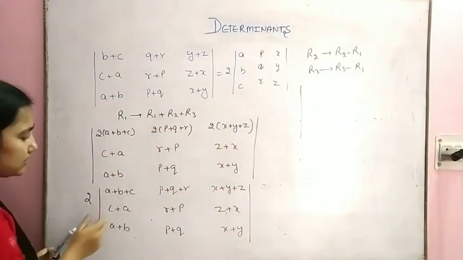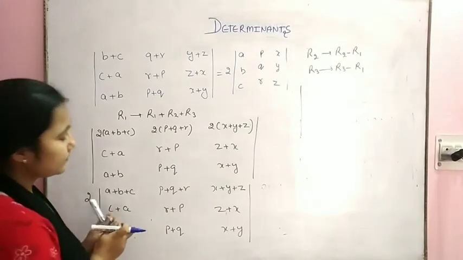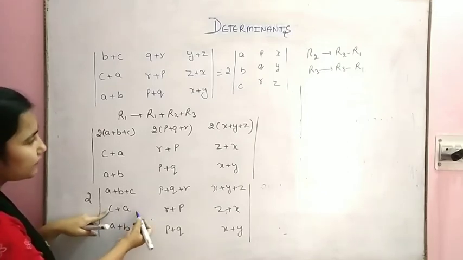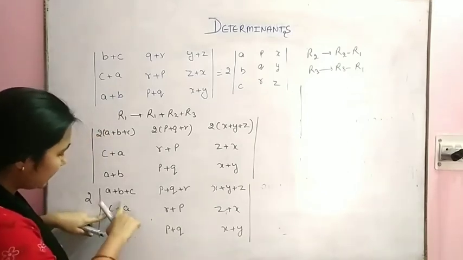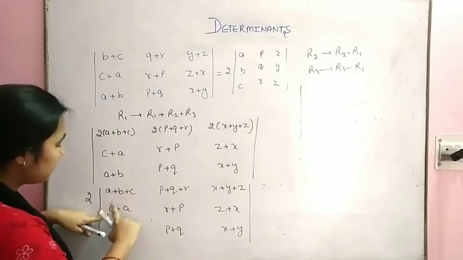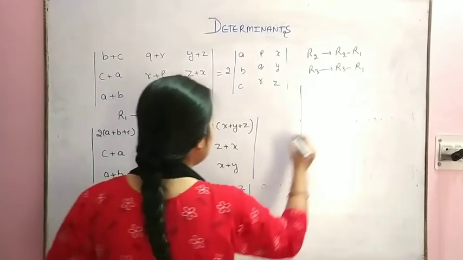A plus B plus C is R1 and C plus A is R2. If R2 is subtracted from R1, what we get? C plus A minus B and minus C. So C and C will be cancelled out, A will be cancelled out, we get only B here.